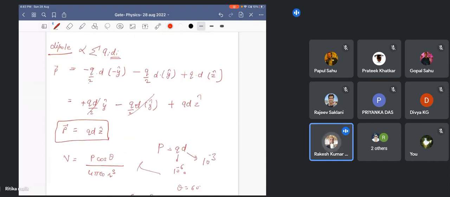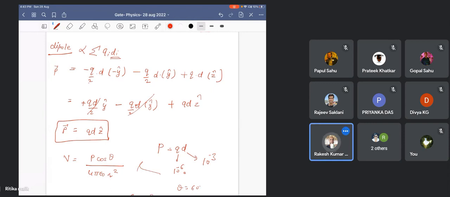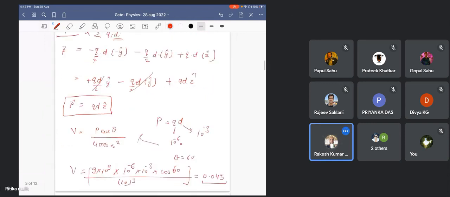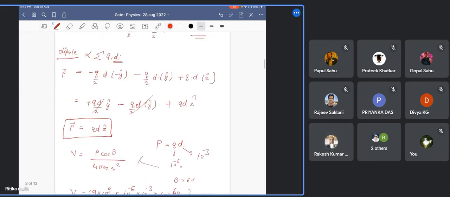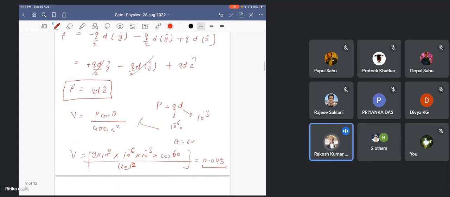Sorry, r cube is for the electric field. V should be p cos theta by r square. So I have done the calculation for r square.